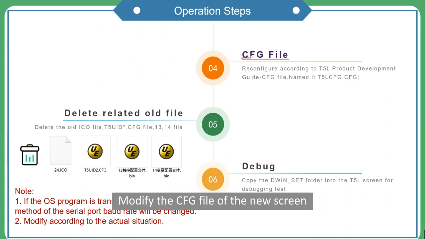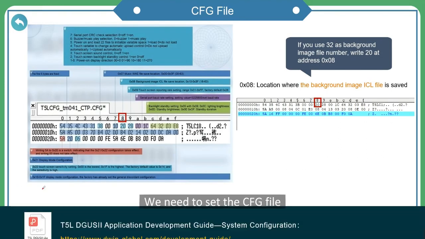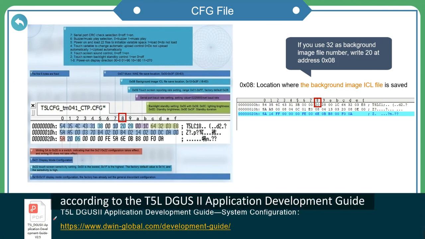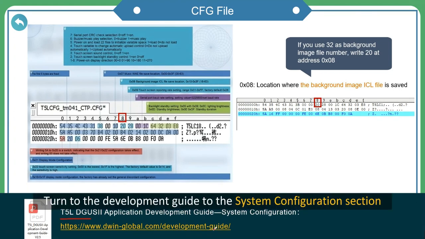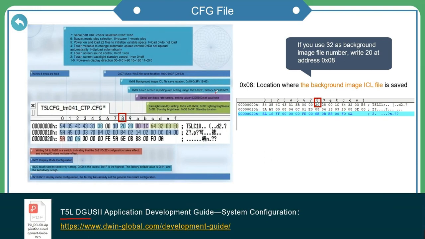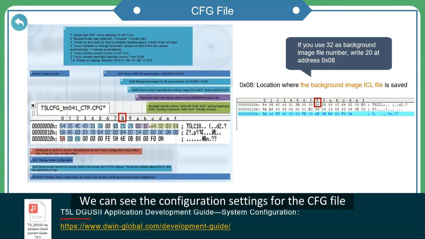Step 4. Modify the CFG file of the new screen. We need to set the CFG file according to the T5L DWIN Application Development Guide. Here's the download link. Turn the Development Guide to the System Configuration section. We can see the configuration settings for the CFG file.